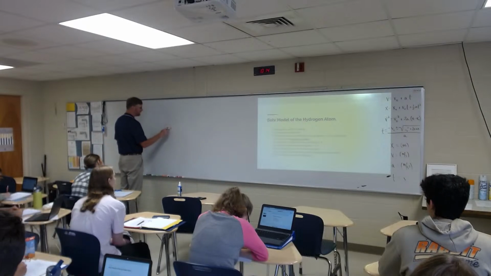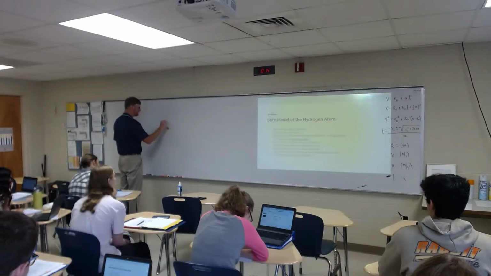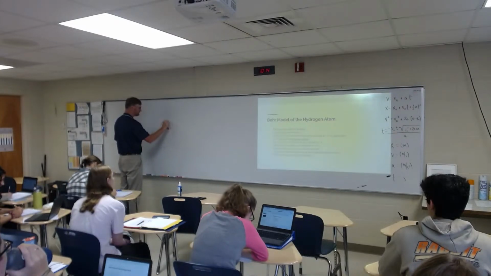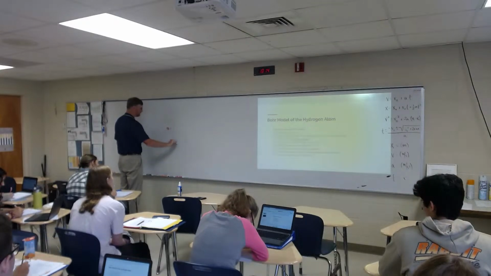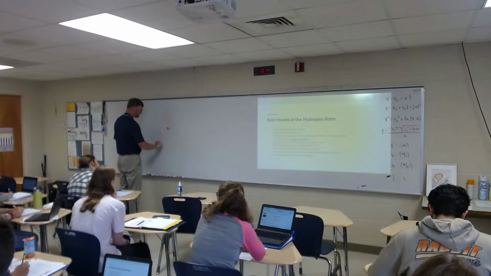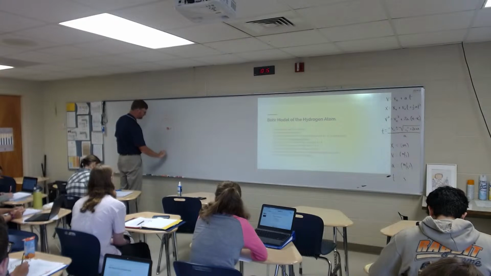And he said, well, it could be on that orbit, or it could be on this orbit, the second one, or the third one, or the fourth one, the fifth one, the sixth one, or the seventh one.